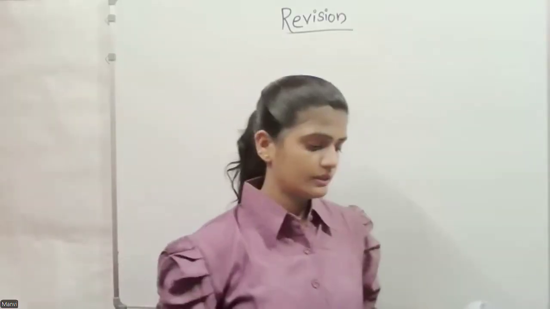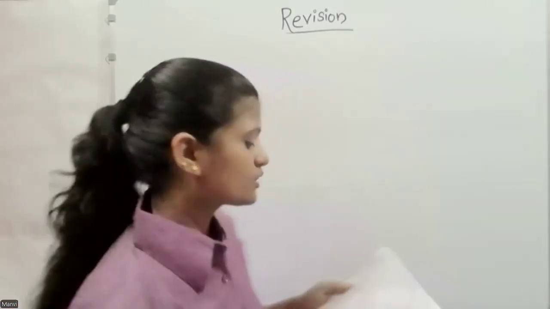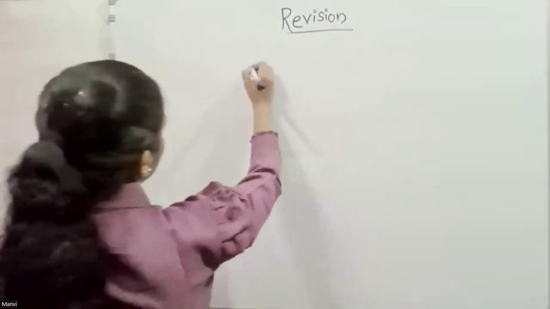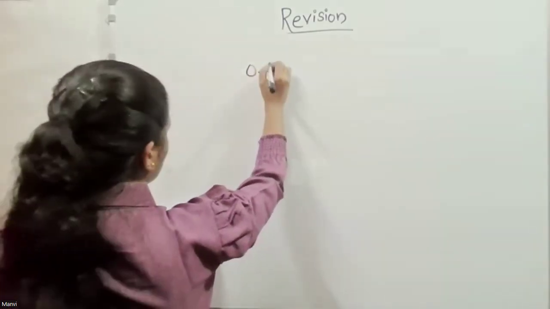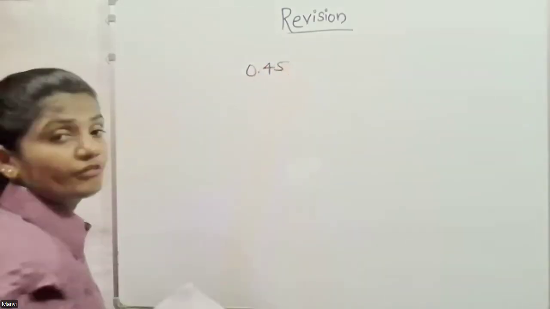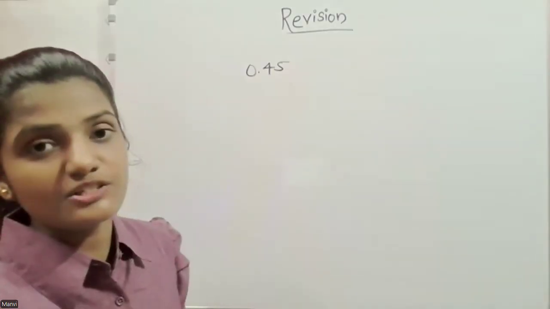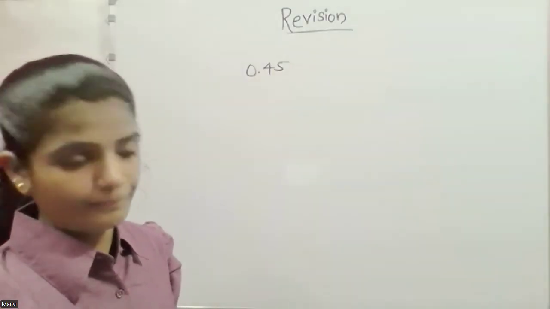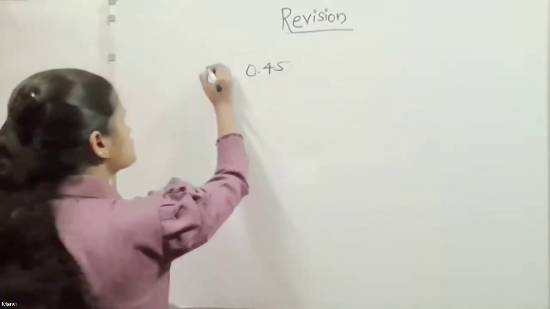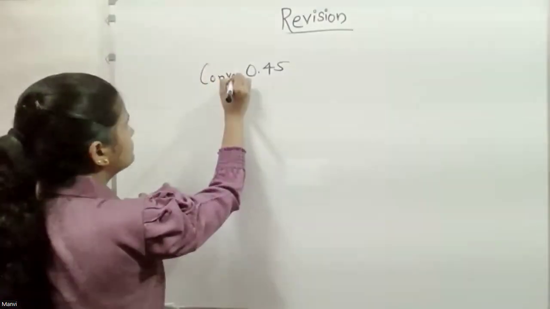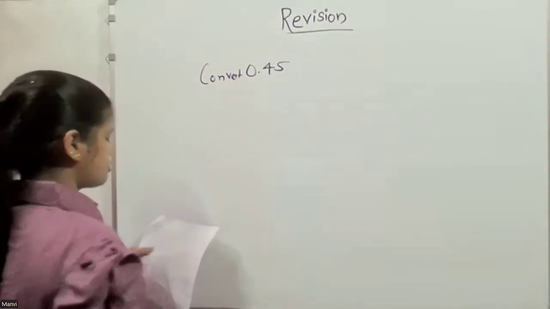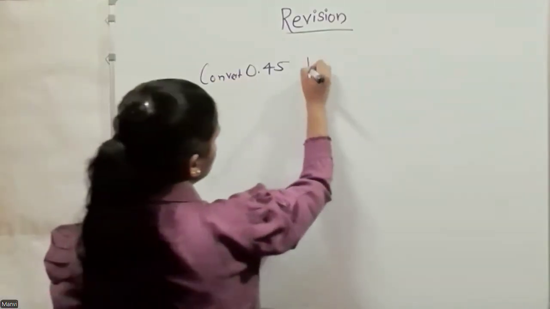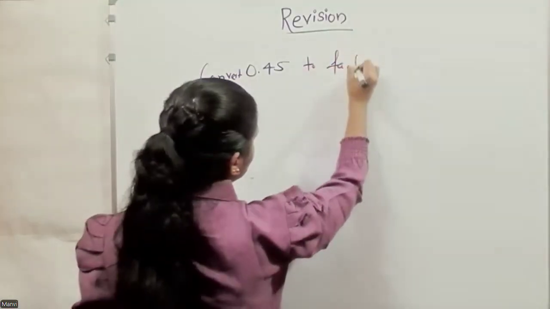Okay. Now, try to convert this decimal into a fraction. And whenever we are writing any fraction, always make sure to write it in simplest form. Okay? So please convert this 0.45 to a fraction.